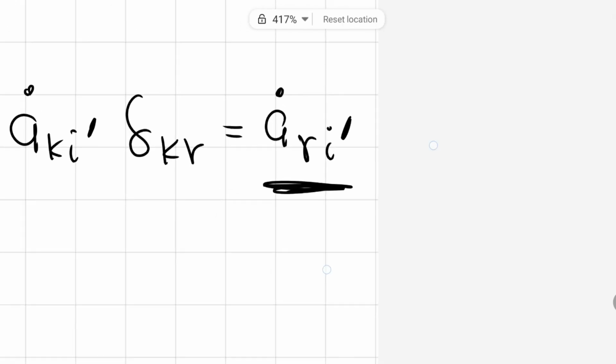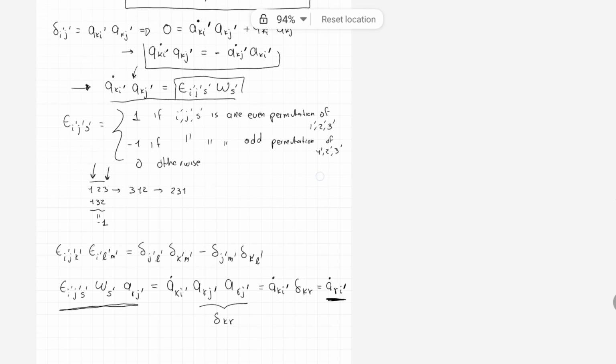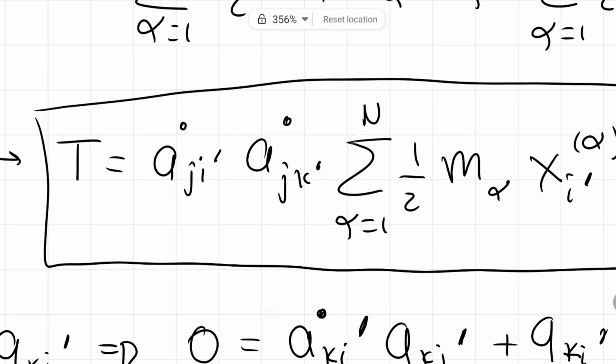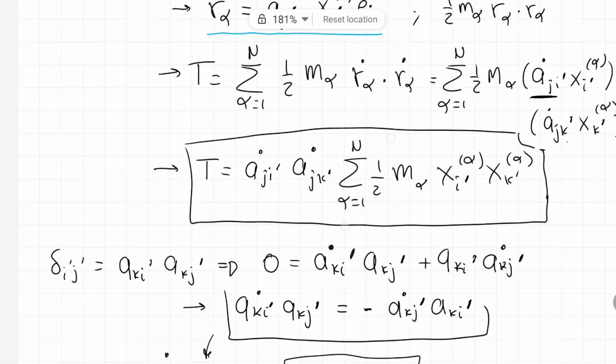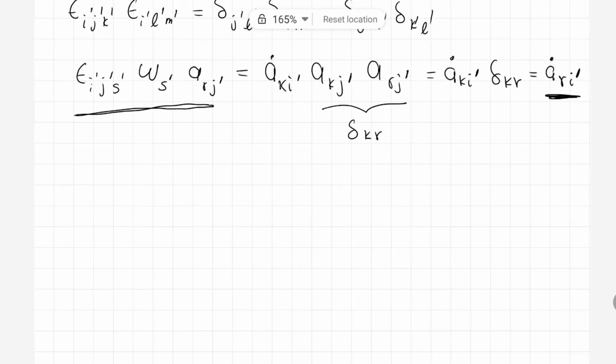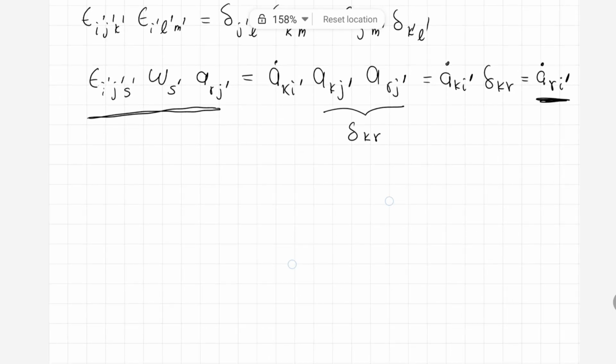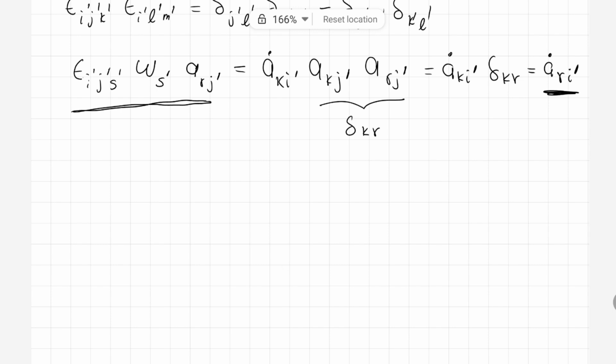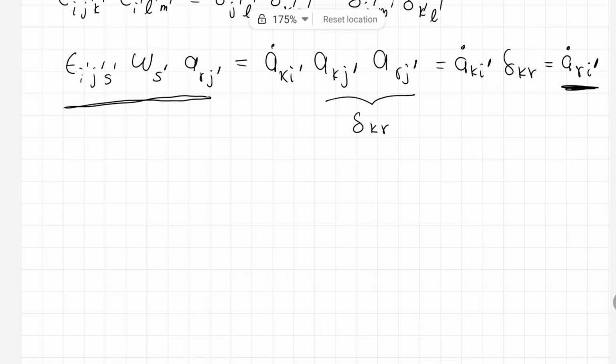And why is that? Because remember that in the kinetic energy term, we had the product of these quantities like this. Okay, so right now we are trying to express these quantities in terms of the omega term that we found. You can see that it will represent the angular velocity of the rigid body. Perfect. So looking that we have the product of those quantities, we are going to start by calculating now, for example, how to represent the term Aj dot.